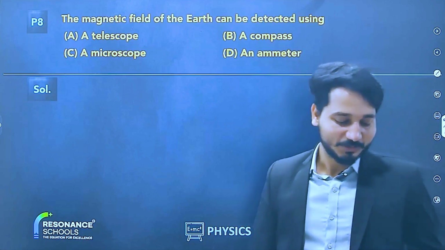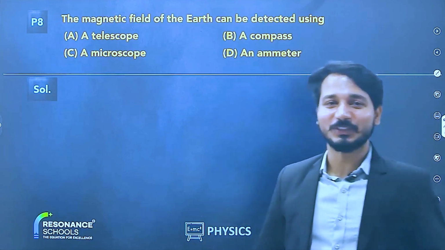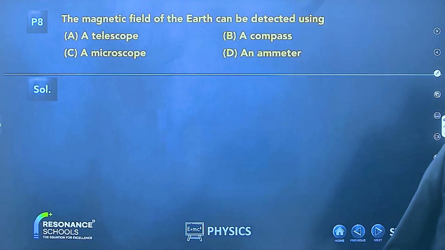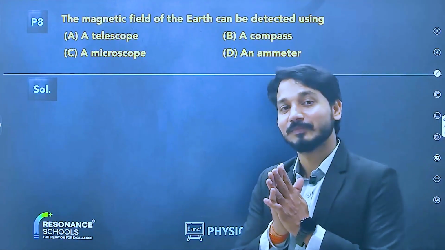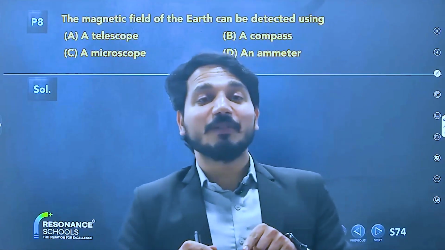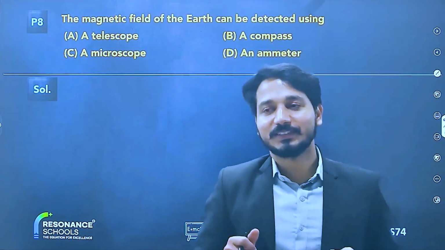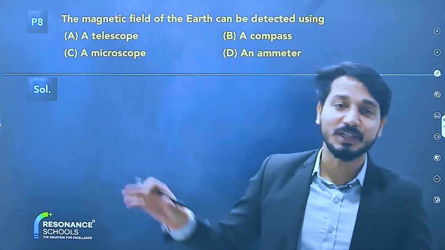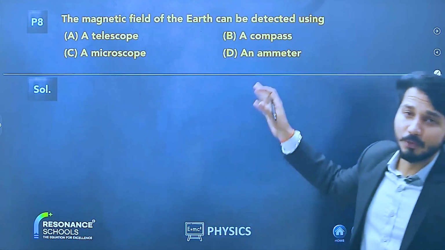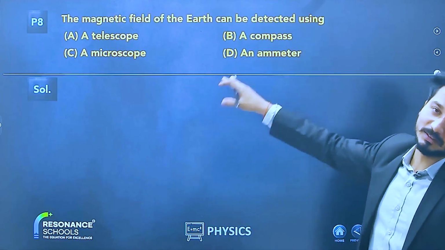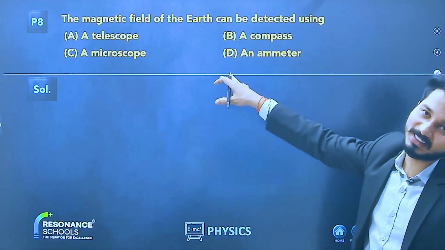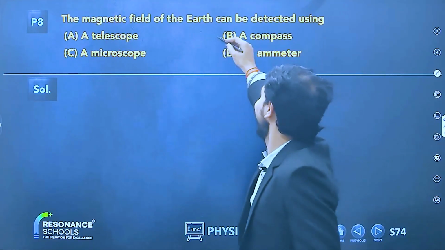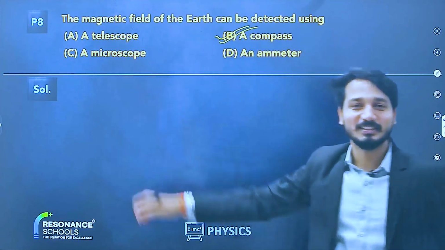Okay, so it's a mixed comment I'm receiving. Some of you are a bit confused, some of you are giving correct answers, so let's see. It is asking about the magnetic field of the earth, right? And out of these 4 options, the most appropriate answer for detecting it is option B. Compass.